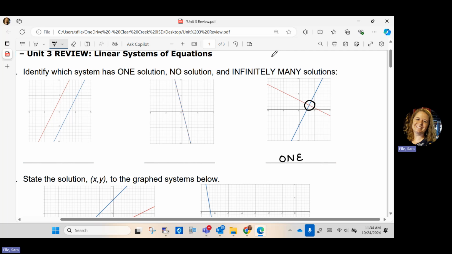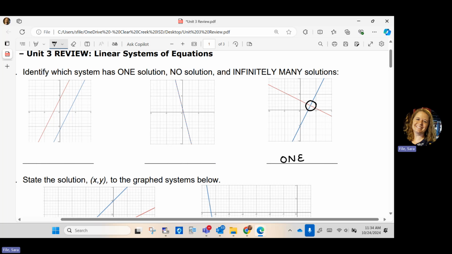When the lines are parallel, like this graph on the left, these are parallel lines, okay, meaning that they will never cross. So there is no solution because the solution is the point where the lines intersect. So this one has no solution. And then this one in the middle looks like it's just one line.